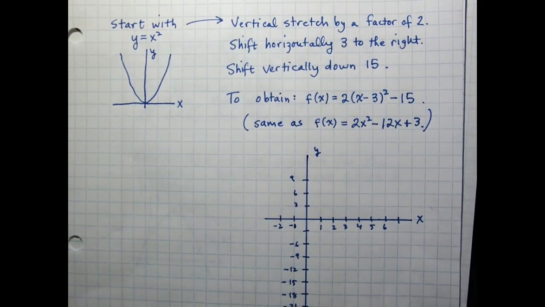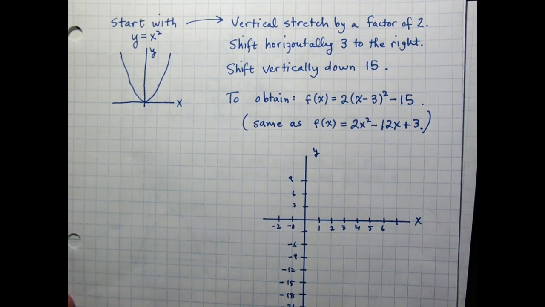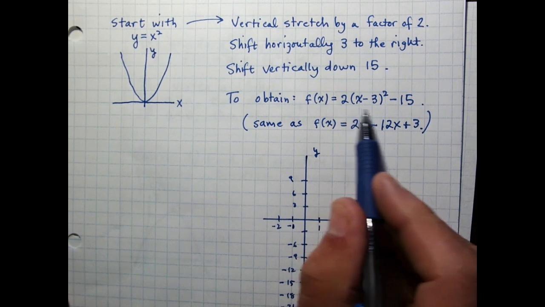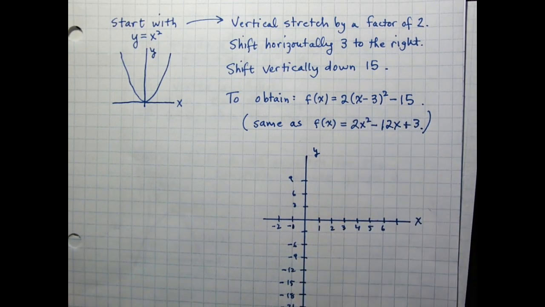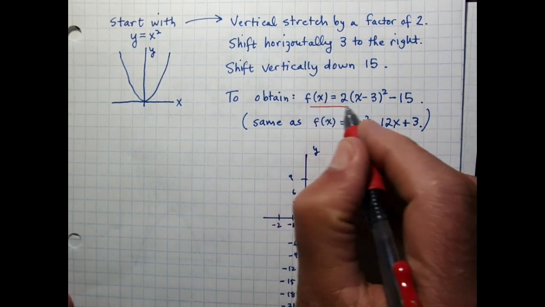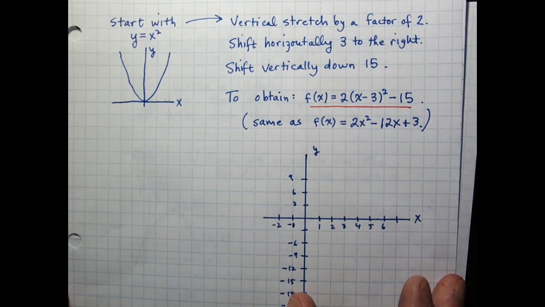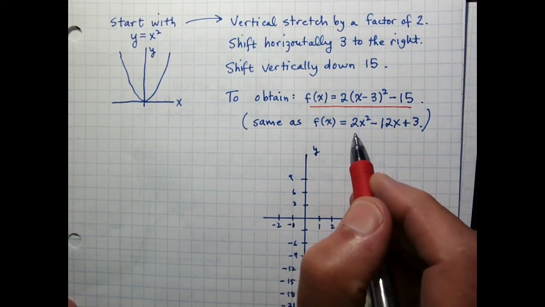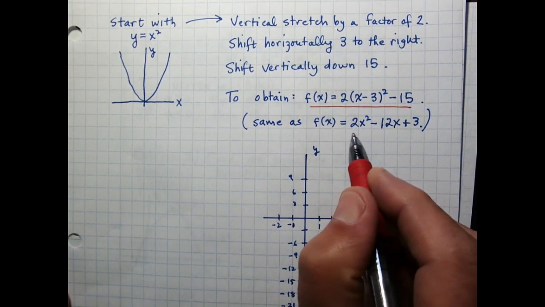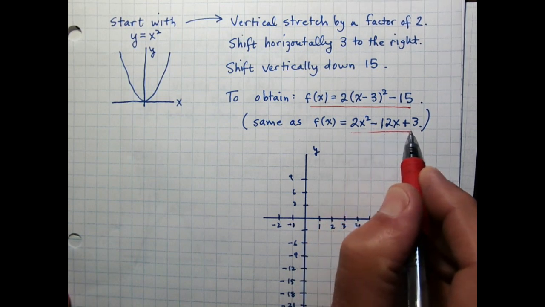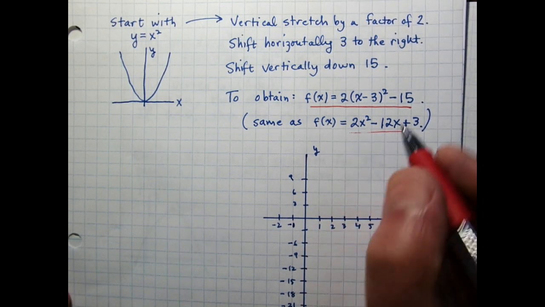So over here, what I did was notice I recopied what we just obtained. So we got to this point on the previous page. And I also wrote down the form we started out with. Our original function looked like this, 2x squared minus 12x plus 3.